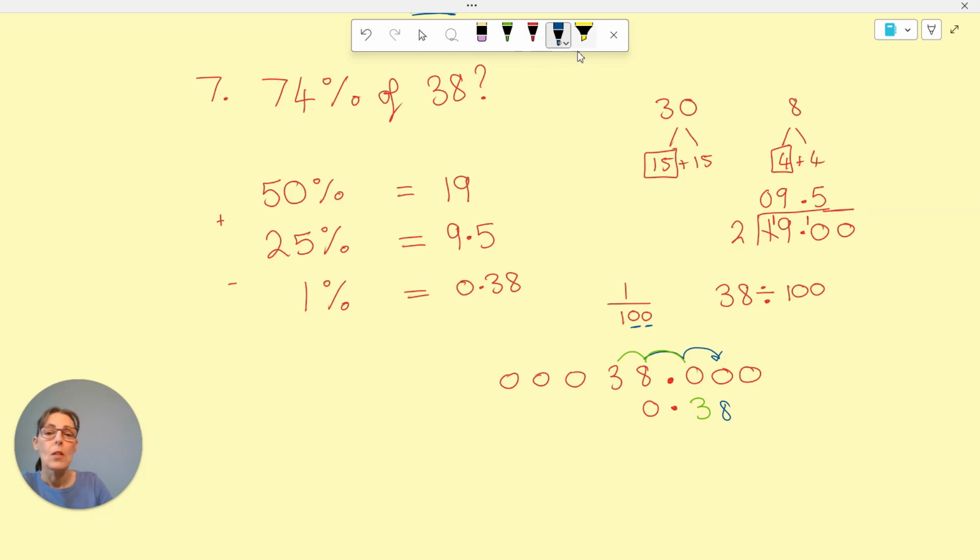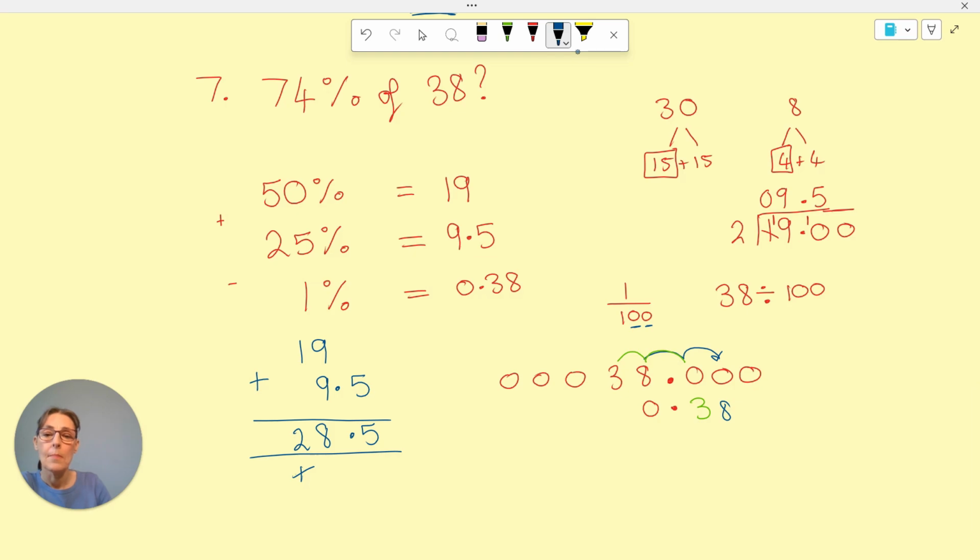0.38. So I've got to add 19 plus 9.5. Let's do that first. 2 9s are 18, and 1 plus 1 is 2.